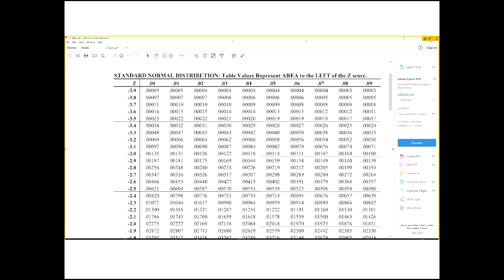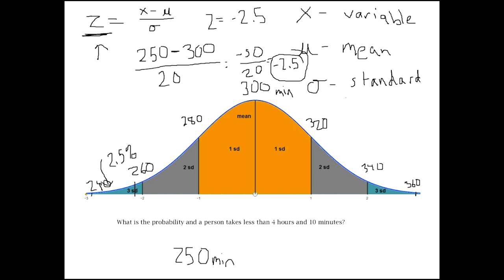0.00621. Let me kind of pause this real quick. Let's kill the app share and come back to here. We got a value that was 0.00621.